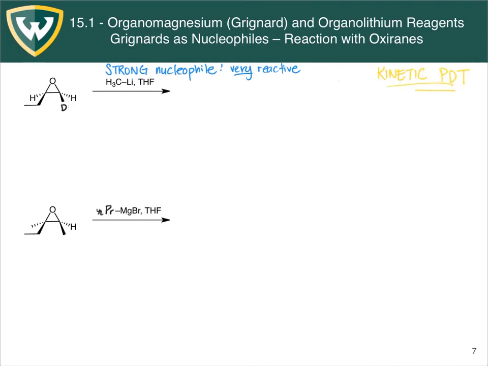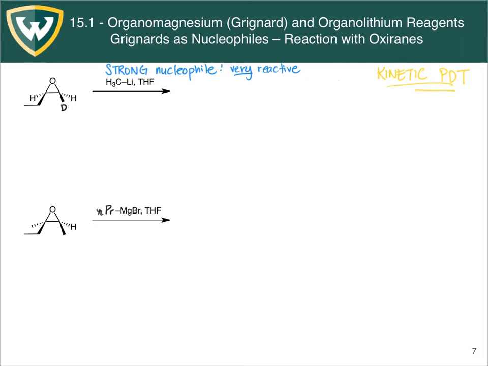So what defines something as the kinetic product is that it's the product that comes from the pathway with the lowest barrier to reactivity. And so if you think about your choices, we have this carbon here that has a carbon substituent, and we have this carbon that has a deuterium and a hydrogen. Remember, deuterium is just a hydrogen with an extra neutron.